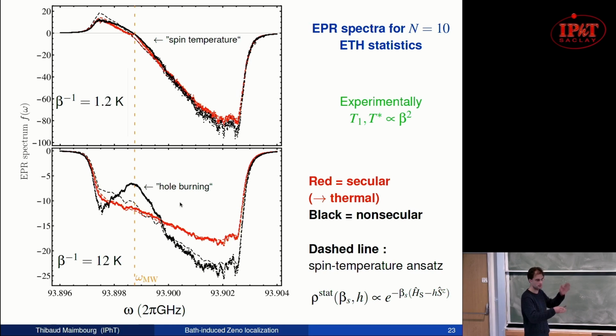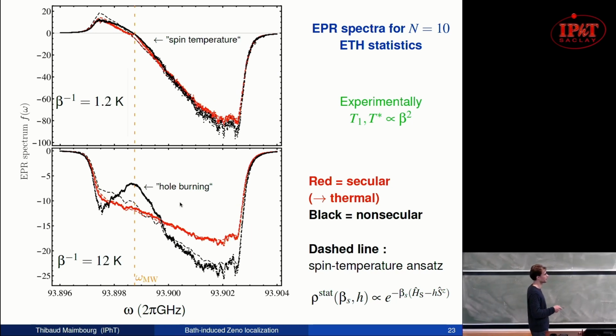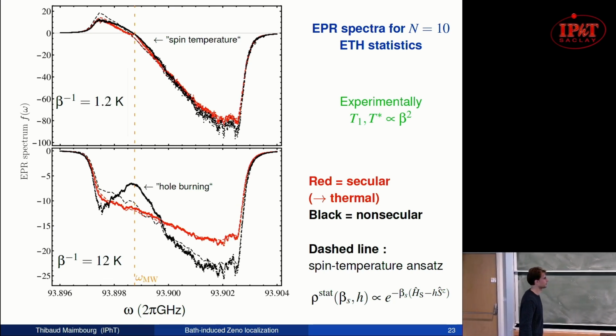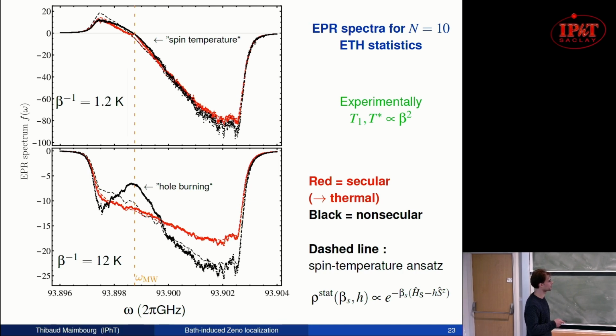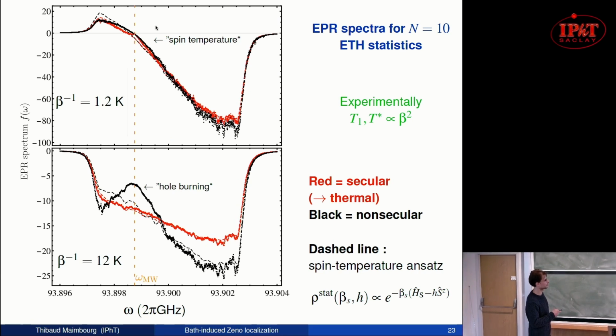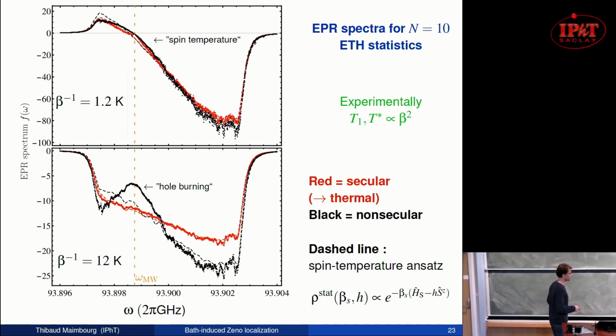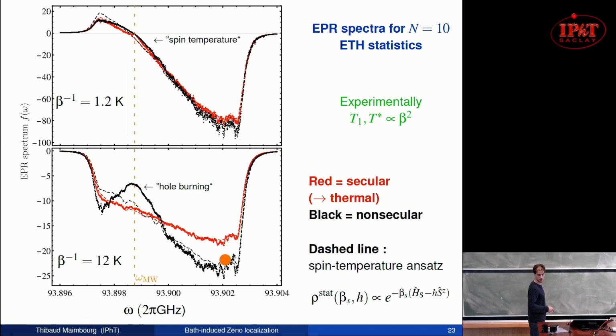It's easy to see which ones are at low temperature and which at high temperature. Sorry, the two frequency scales where this EPR spectrum goes to 0 are what? You have a left edge and a right edge where you go to 0. So you have a typical window of frequency here.